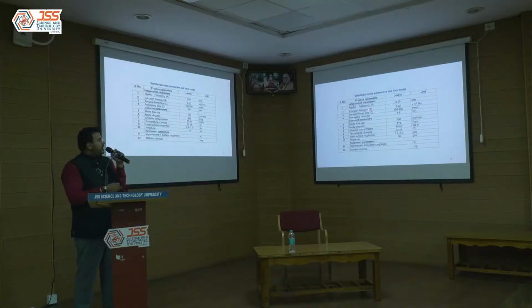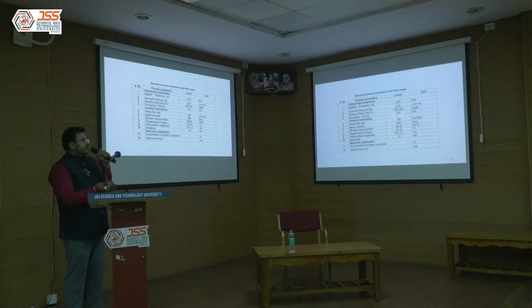The extrusion pressure goes up to 22 bar, abrasive mesh size 150 to 350, and processing time. Instead of the number of cycles, we are counting the time, 4 minutes, 5 minutes, and up to 8 minutes, etc. And there are some parameters we kept constant which have less influence on the performance.